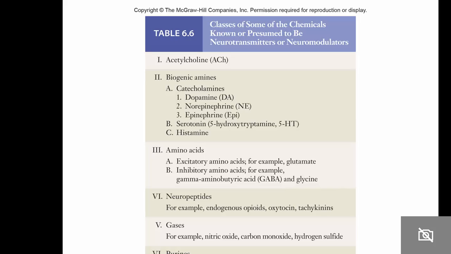Serotonin. Prozac is a serotonin reuptake inhibitor. Right? So anything that people would take for bipolar syndrome or depression is usually a serotonin reuptake inhibitor. Serotonin is the feel-good neurotransmitter.